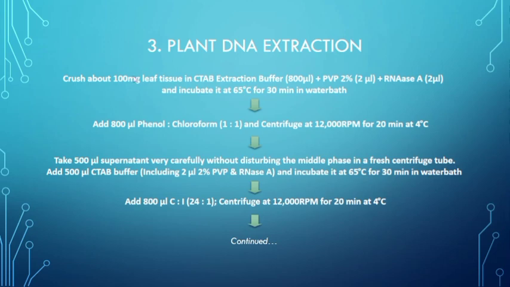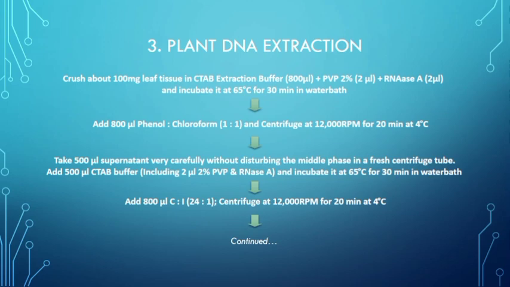So crush about 100 milligram of leaf tissue in CTAB extraction buffer, about 800 microliter, plus PVP. PVP is used if you are getting protein contamination.